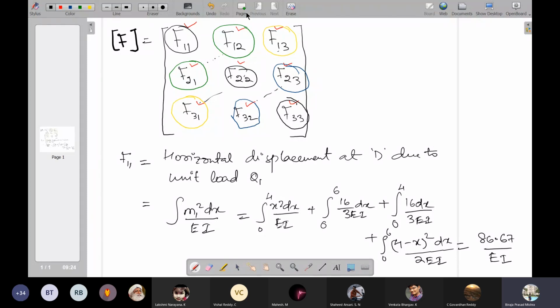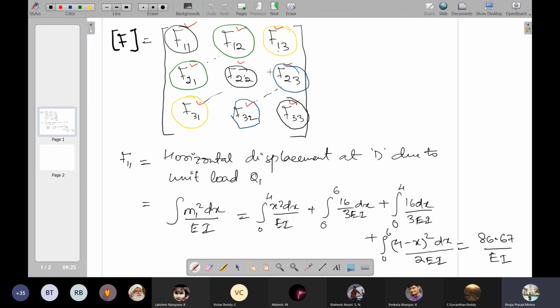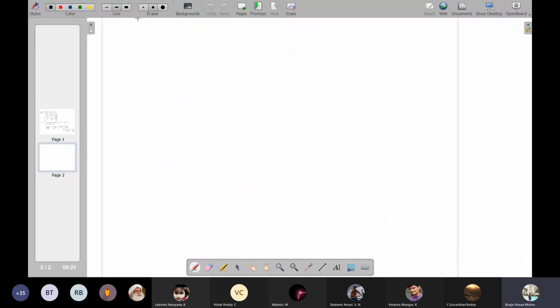Okay, so I'm adding one more page. So F12 equals, what will be F12?